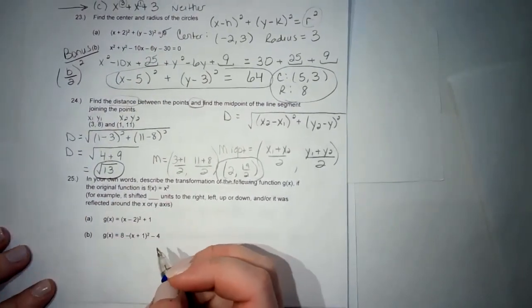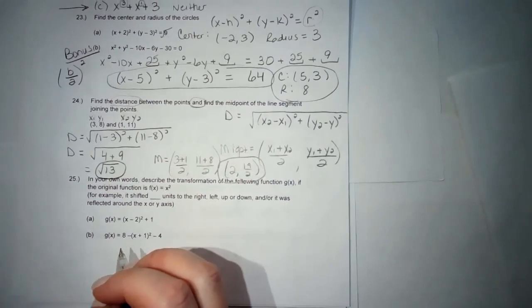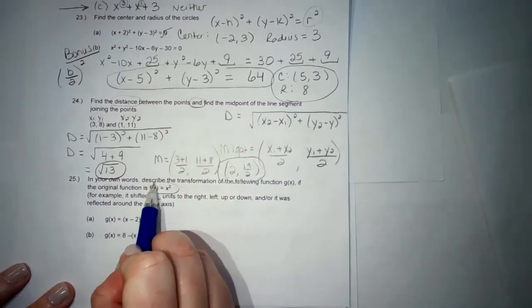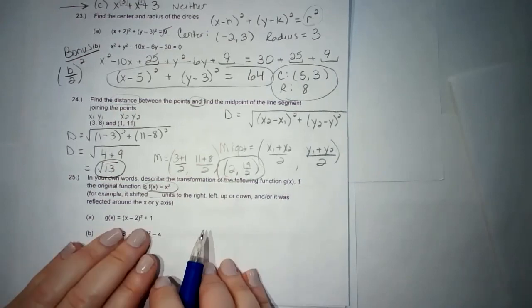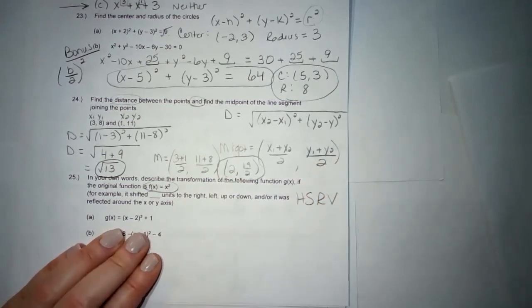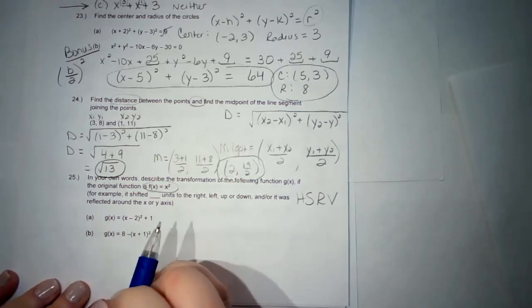Okay, so all you're going to need to do for this bonus is describe what is happening. So for A, let's describe the transformation. The original was x squared. Okay, so remember, hippos seem really violent. You don't have to have them in the right order, but sometimes that'll help you remember what to put. Okay, is there any horizontal action in A?